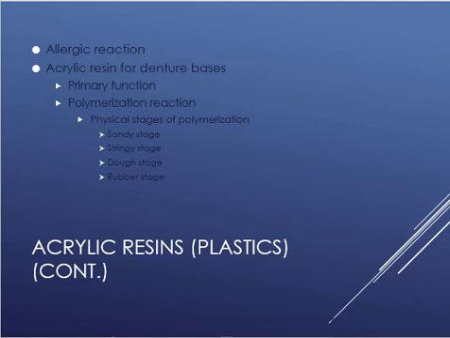Okay? The primary function of acrylic resin, its job is to retain the artificial teeth that are in the prostheses, and it also has the job of distributing forces of mastication over the mouth, which is also going to help reduce pressure on the alveolar ridge and helps with slowing down the resorption process, because if there was still a lot of pressure on the alveolar ridge, then that would contribute to resorption of that bone.